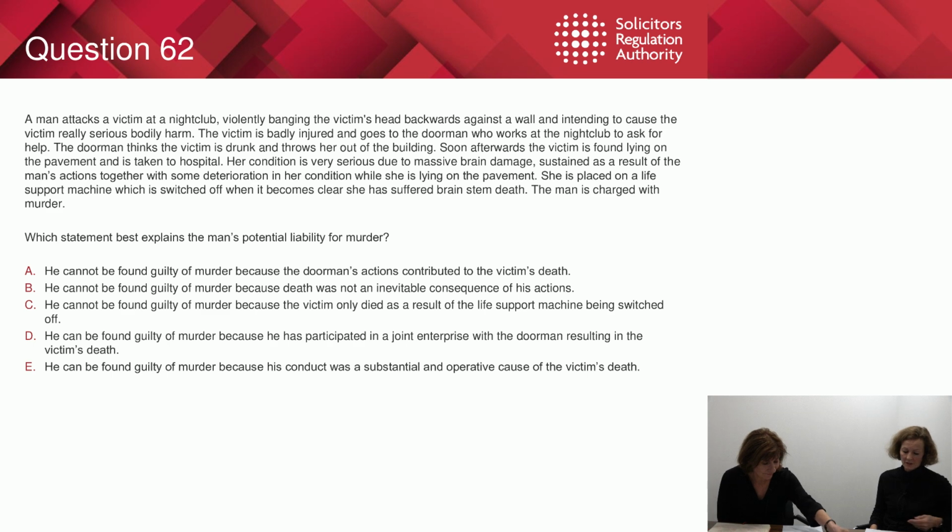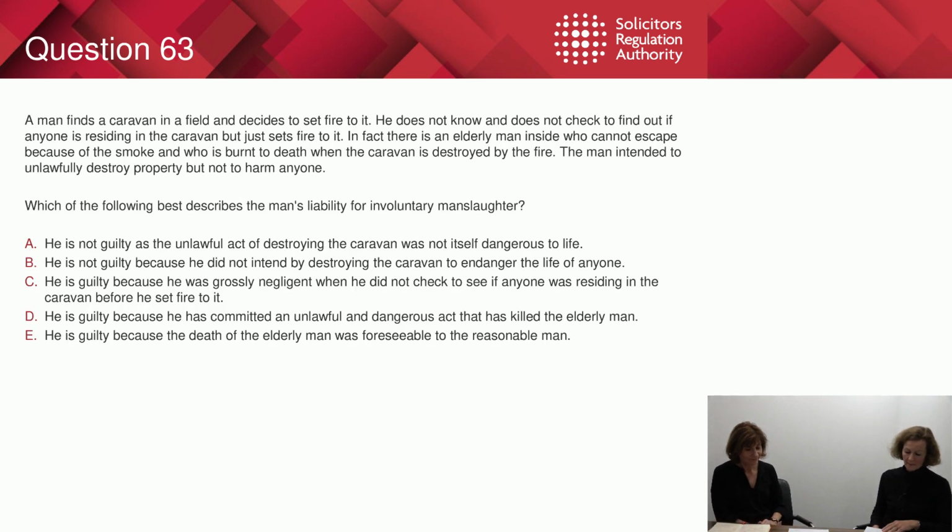For question 63, I'm wondering if perhaps this is the question which the person suggested had two possible answers. This is a question about involuntary manslaughter. The two possible ways in which involuntary manslaughter may have been committed in this scenario, until you look at the facts in detail, are unlawful act manslaughter and manslaughter by gross negligence.